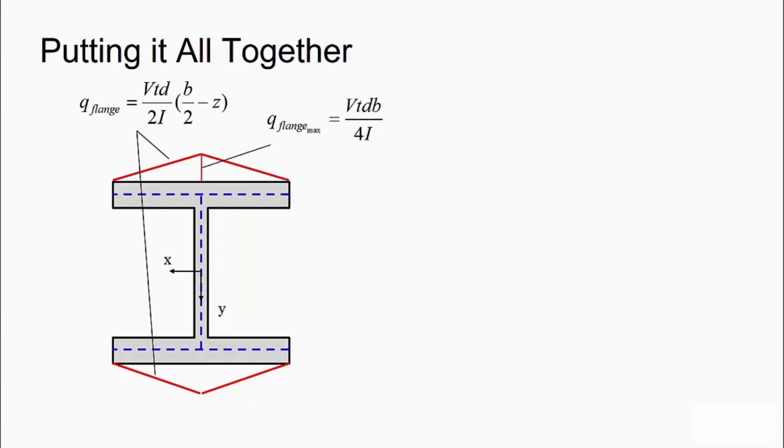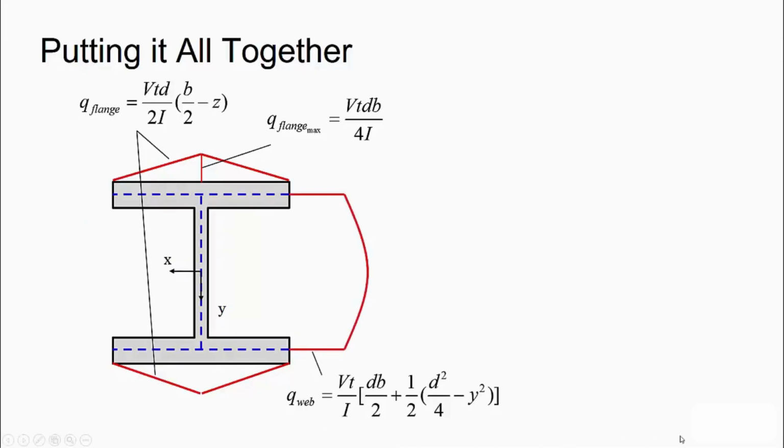The maximum value occurs at that central portion and is given by the value here, Vt times db divided by 4I. Now if we look at the web, we found that the shear flow varied due to this parabolic distribution. It is maximum at the neutral axis, and it decreases as we go away from the neutral axis.